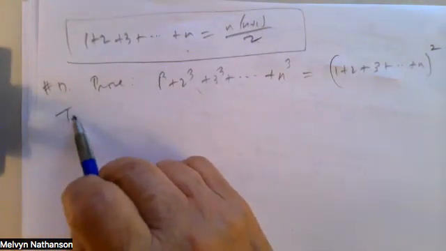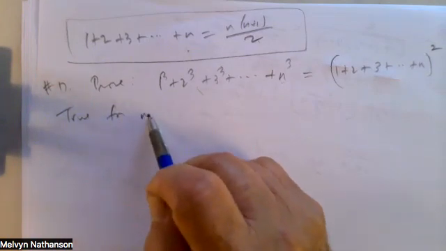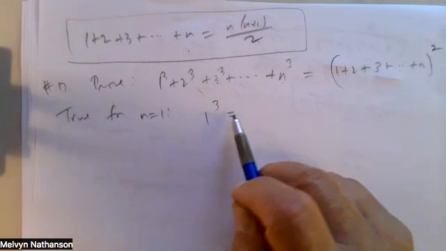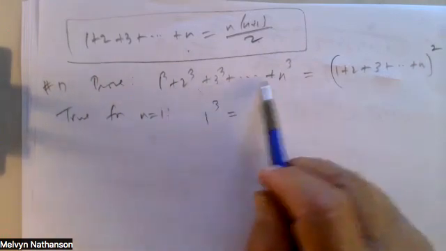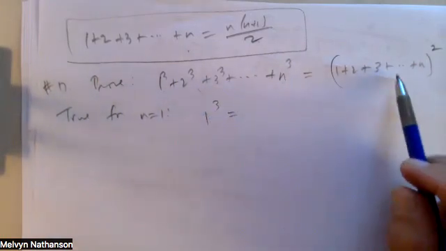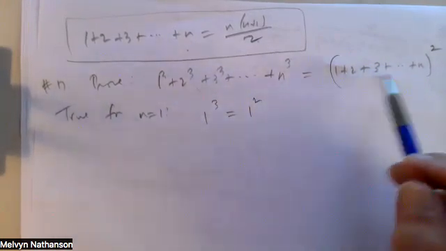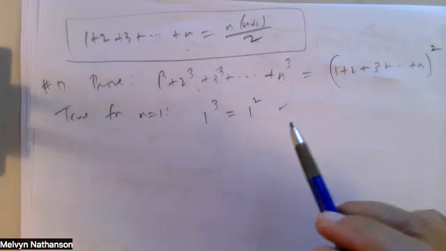And this is true for n equal 1, because you only have one number on the left, 1 cubed, and one number on the right, 1 squared, and 1 cubed equals 1 squared. They both equal 1.